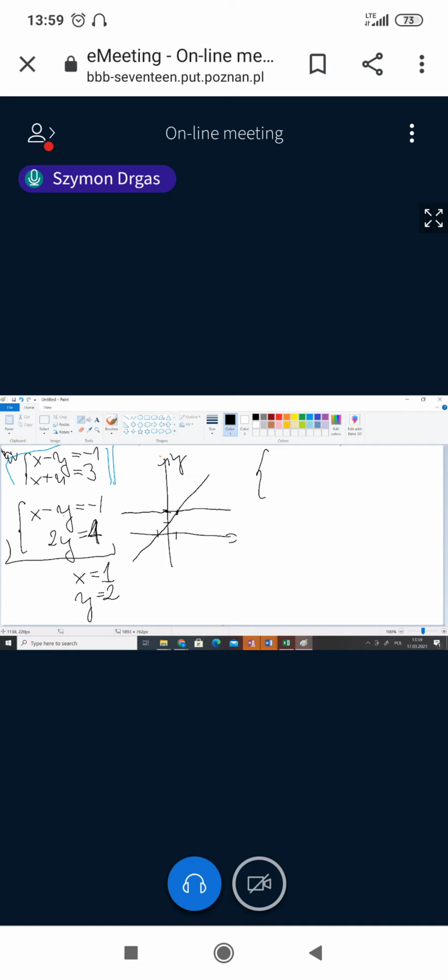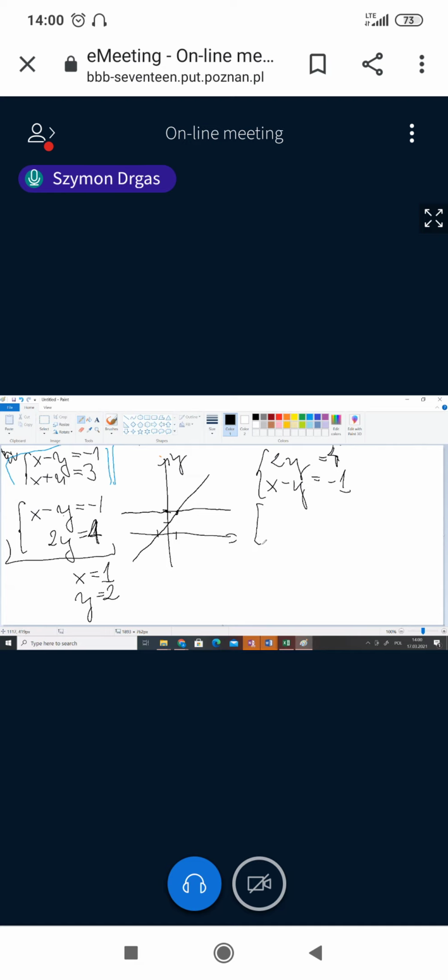So after interchanging of rows, the first row is 2y is equal to 4, and the second is x minus y is equal to negative 1.